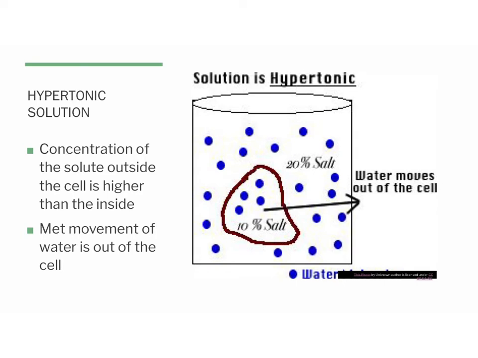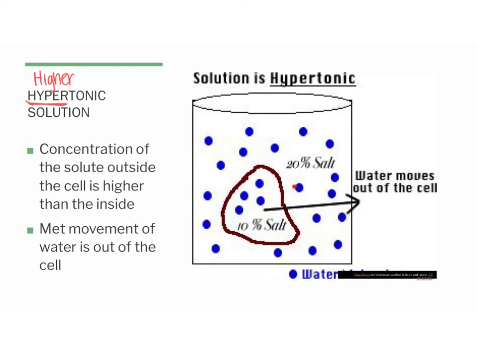Our third type of solution is called a hypertonic solution. Hyper means higher. So think hyper, higher. This means that the cell is in a solution that has a higher concentration than the inside of the cell.